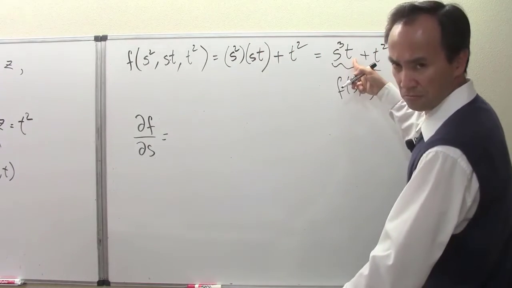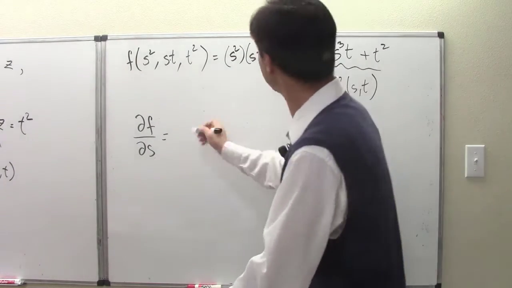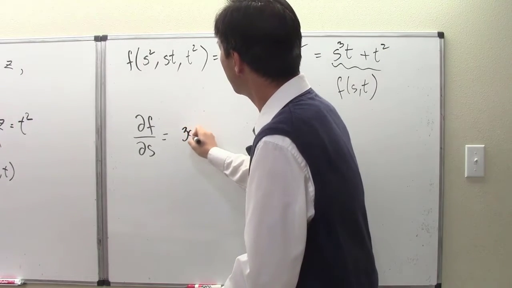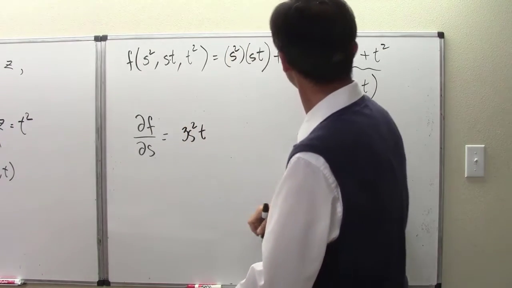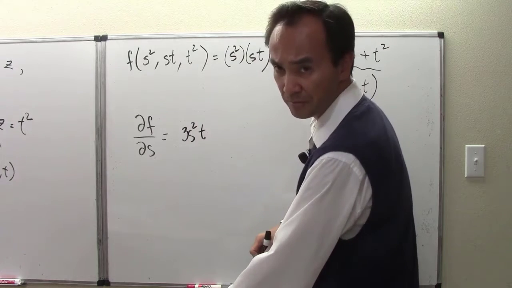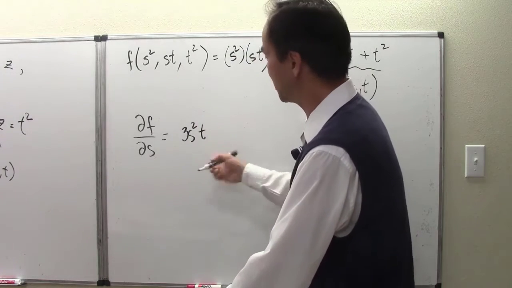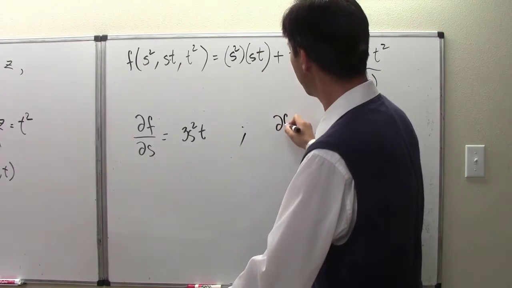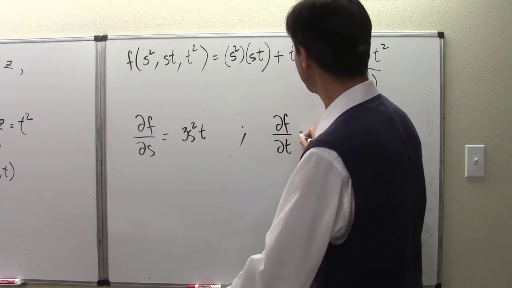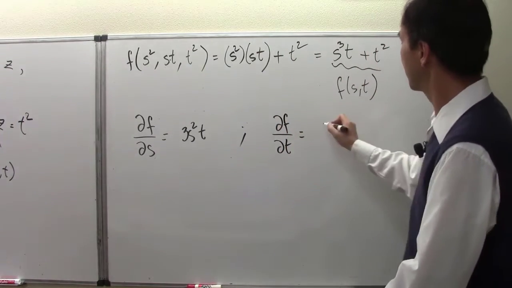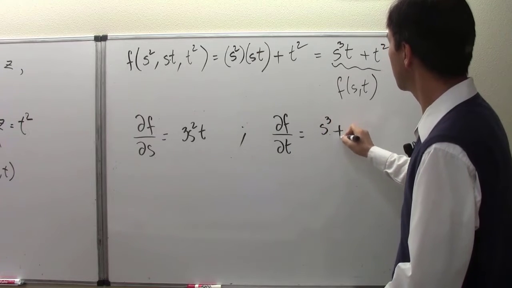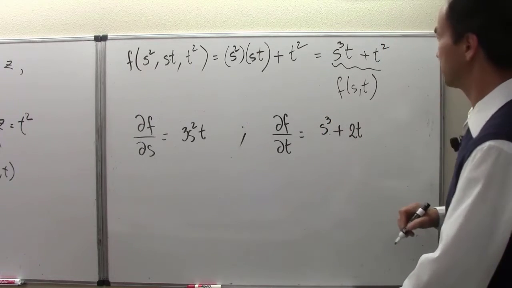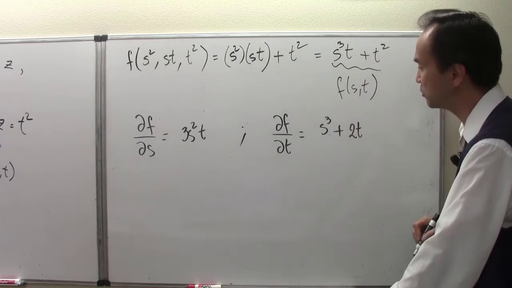From this final function, I'm looking at 3s squared t. That's it for df ds. And then the partial derivative of f with respect to t can be easily found to be s cubed plus 2t.